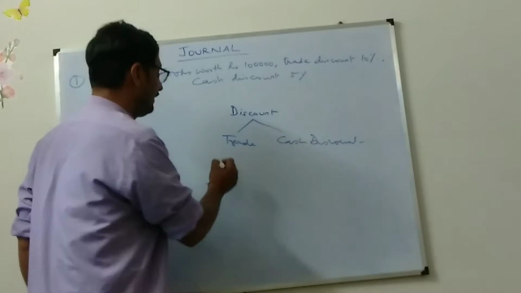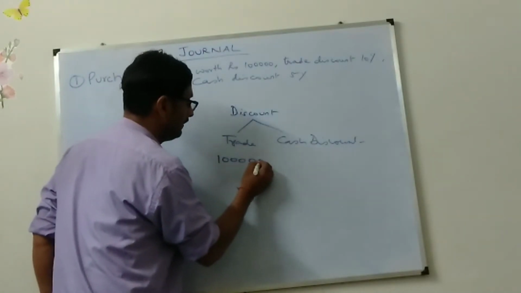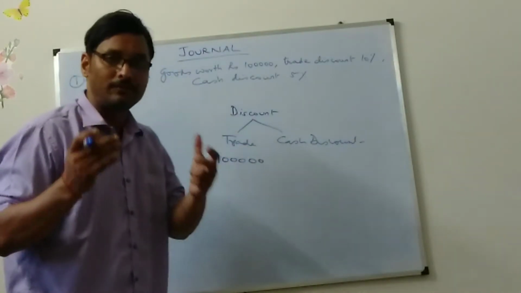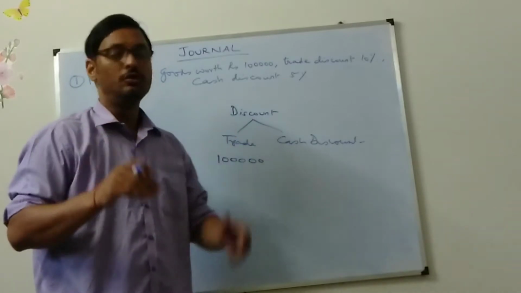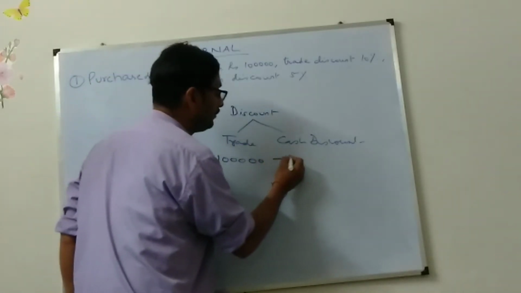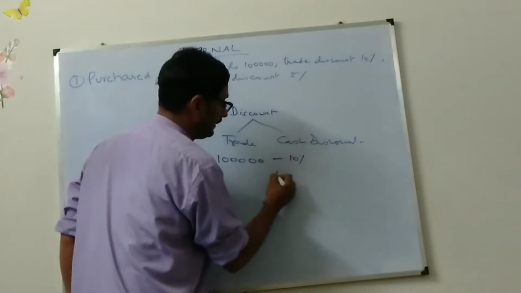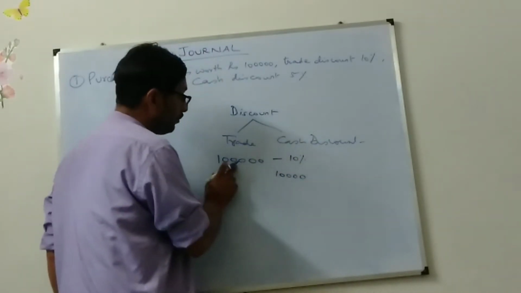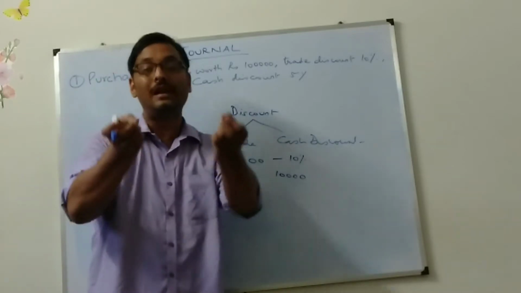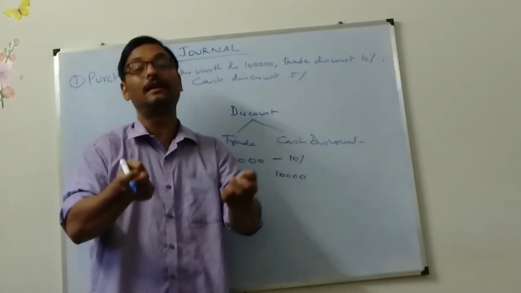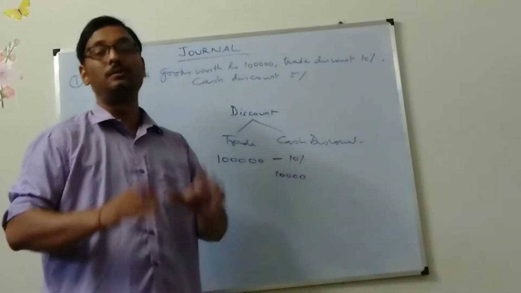That means the shopkeeper, or the person who sold you, has given you 10% discount. 10% of 1 lakh is how much? 10,000. So he has not taken 1 lakh from you. He has taken 90,000 from you.